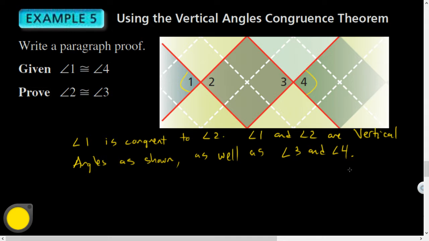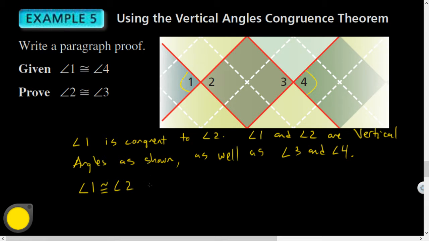All right. I'm going to say that... What do you guys think I could say? What's another good statement to make, maybe? If these are both vertical angles, what could you tell me about them? Even before that.